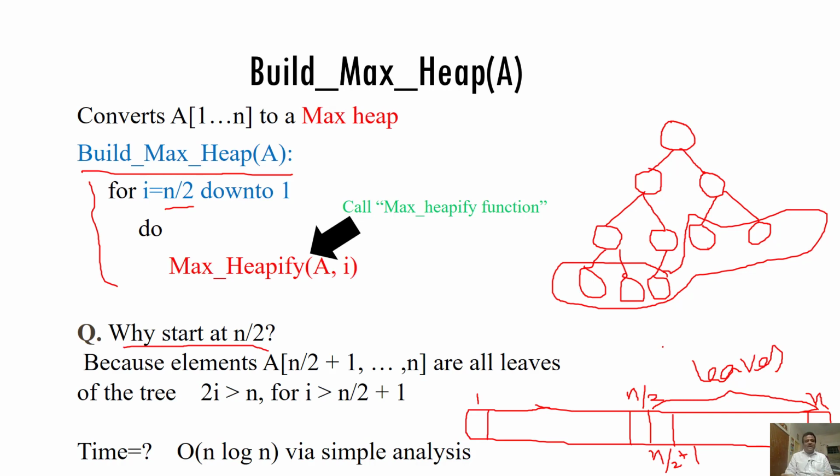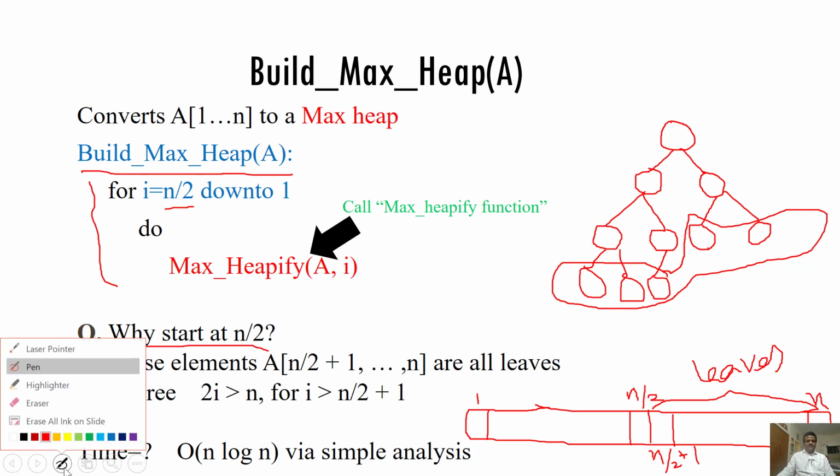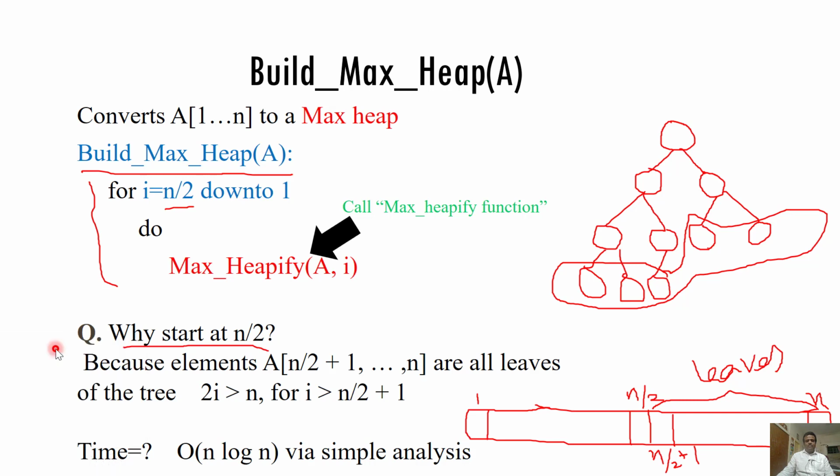Leaves are already maxipified. Leaves means there is no child, so we do not need to bother about them. We can just leave them as they are. Leaves are already maxip, so we do not need to call maxipify on them. That is why we start from n by 2, because these are all leaves.